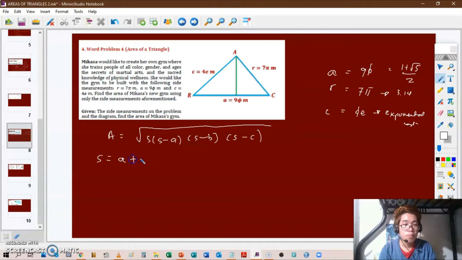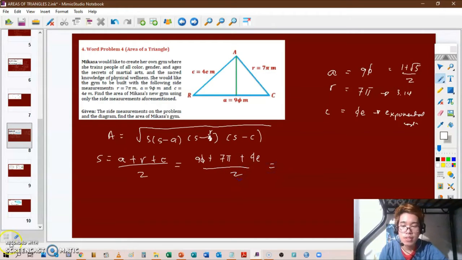So that's A plus B plus C, all over 2. That gives us 9 phi plus 7 pi plus 4e all over 2, so the value of the semi-perimeter is equal to 23.71 meters.